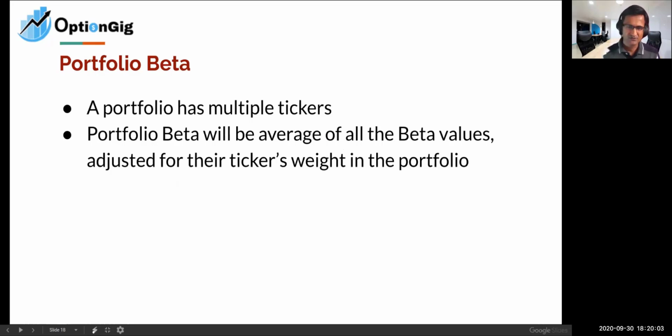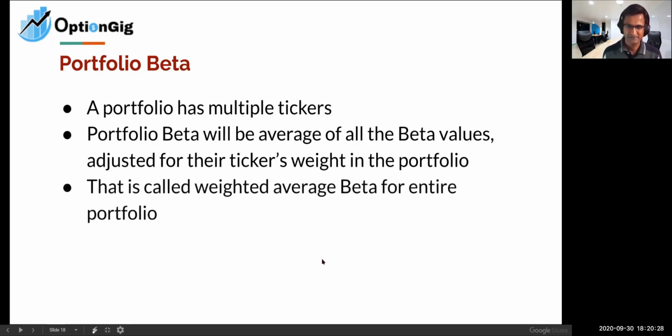If you go back to high school math, you need to find out what percentage your Facebook is of your overall portfolio, what its beta is, and multiply that. Then do the same for all the tickers, then take the average. That's a weighted average. That will become your overall portfolio beta, your weighted average beta for the entire portfolio.